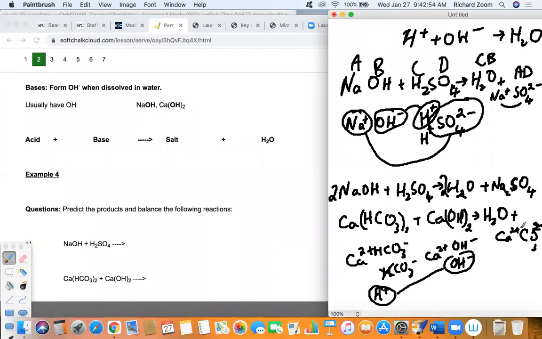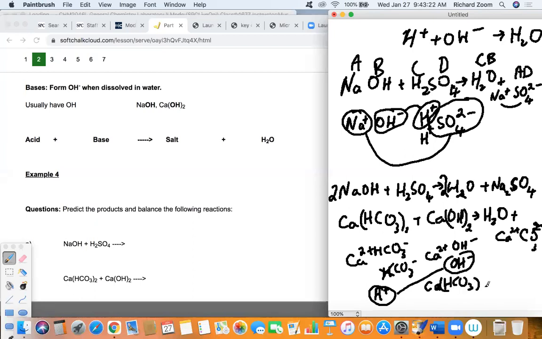So the H is coming from the HCO3, and then the anion becomes CO3 negative 2. And the final thing that we're going to get here, squeeze it in down here, I don't want to erase any of this. So I'll go ahead and rewrite this.